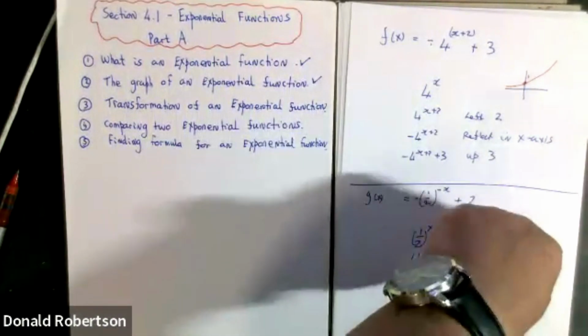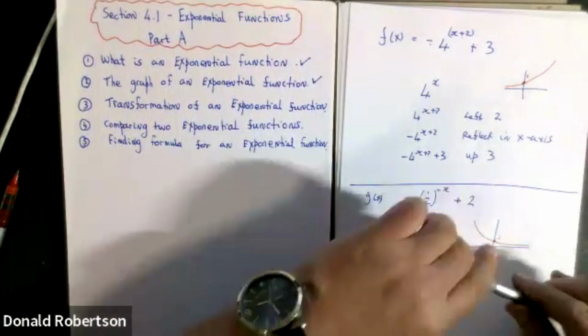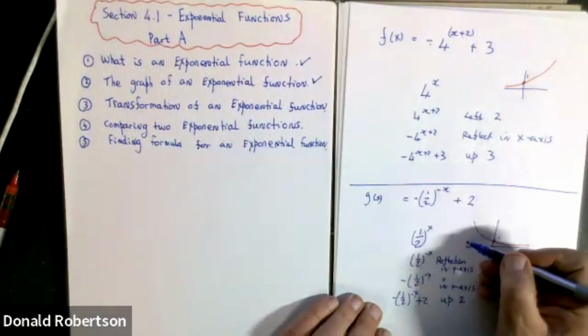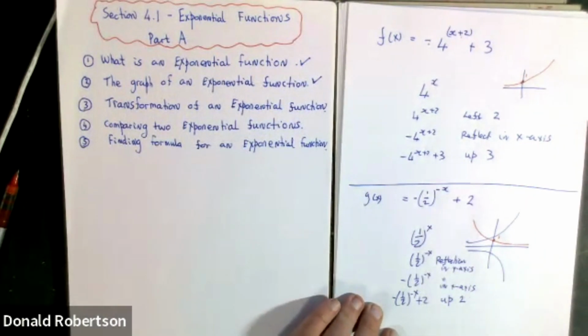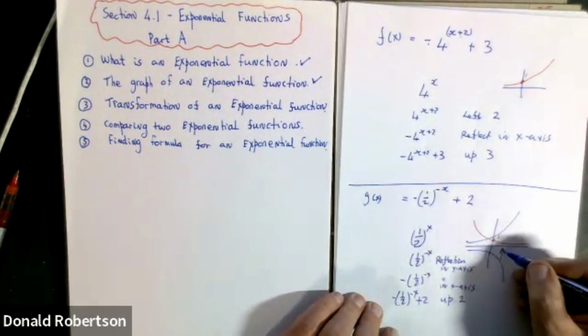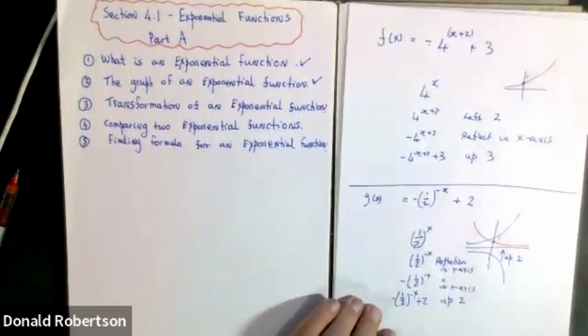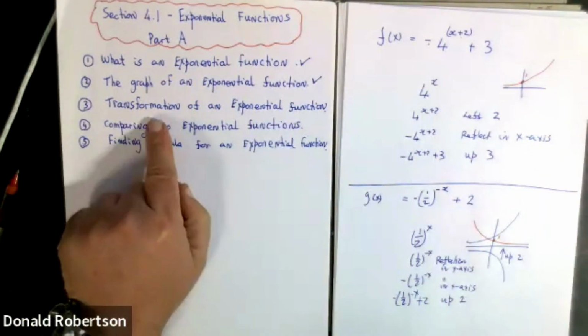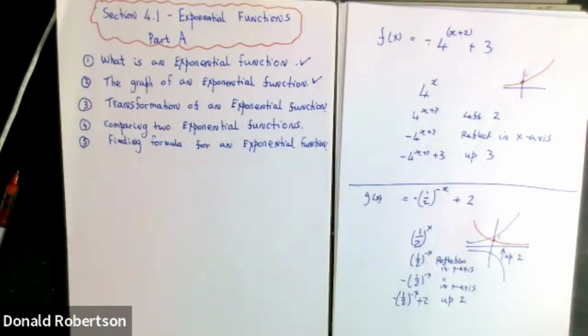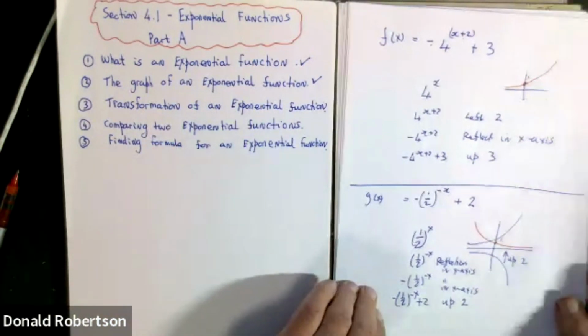So can you imagine taking this shape, reflecting in the y-axis, reflecting it in the x-axis, and then moving this shape up 2. And that is the end of transformations of an exponential function.